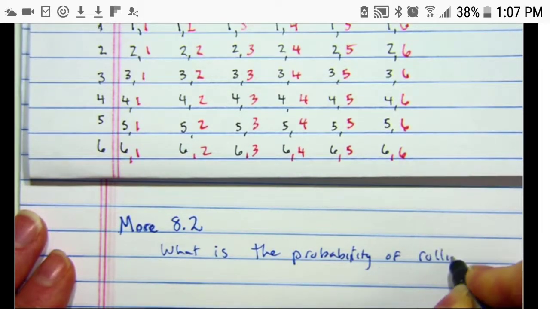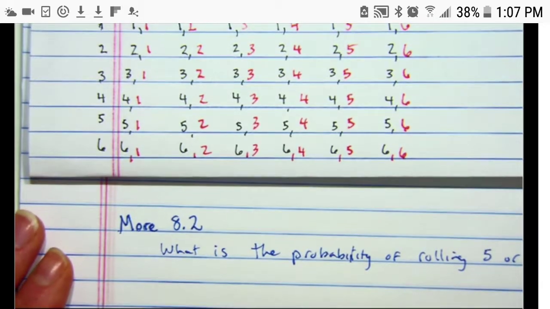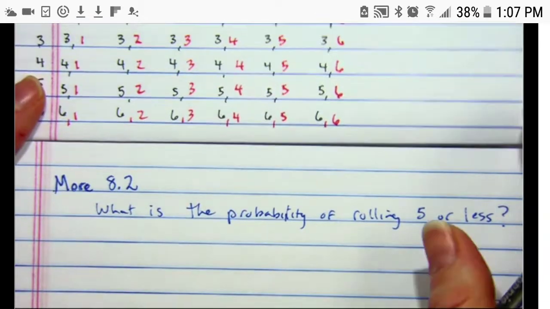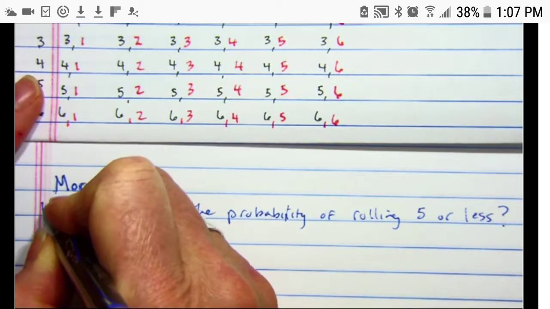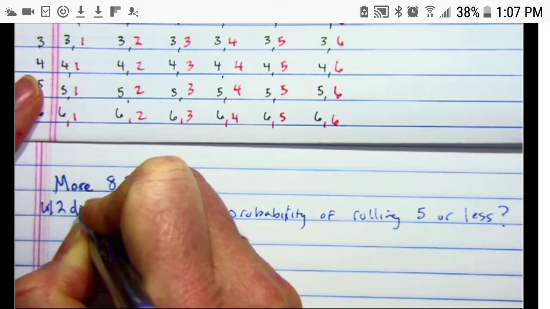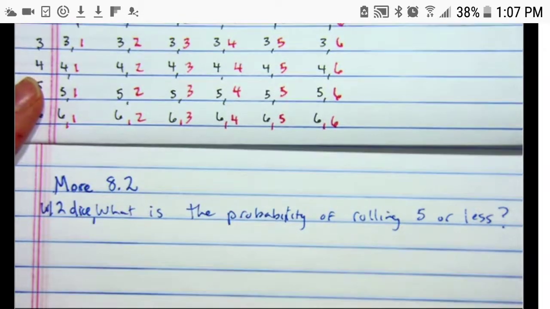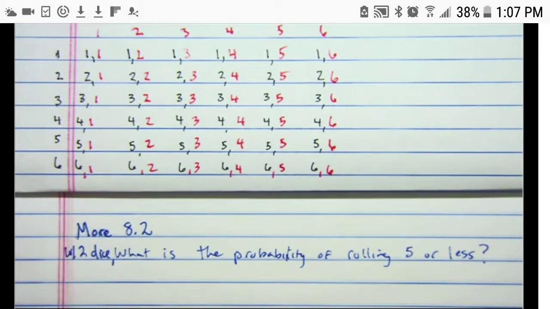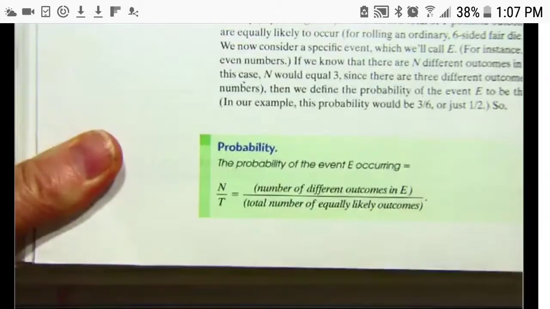So first we're going to look at what is the probability of rolling 5 or less. And that's going to be with 2 dice. So what is the probability of rolling a 5 or less with 2 dice? So we just go ahead and look at all the different outcomes that made a total of 5 or less.